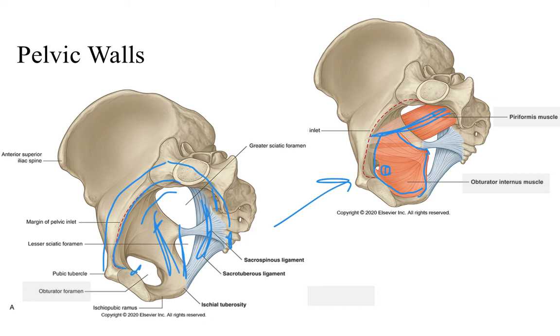Notice the piriformis muscle is going from the ilium, the pelvic inlet here, to the sacrum back here. Both of these are going to form the lateral portion of the pelvic wall. And also notice that both of these are below the level of the pelvic inlet. So again, we're strictly talking about the true pelvis here.